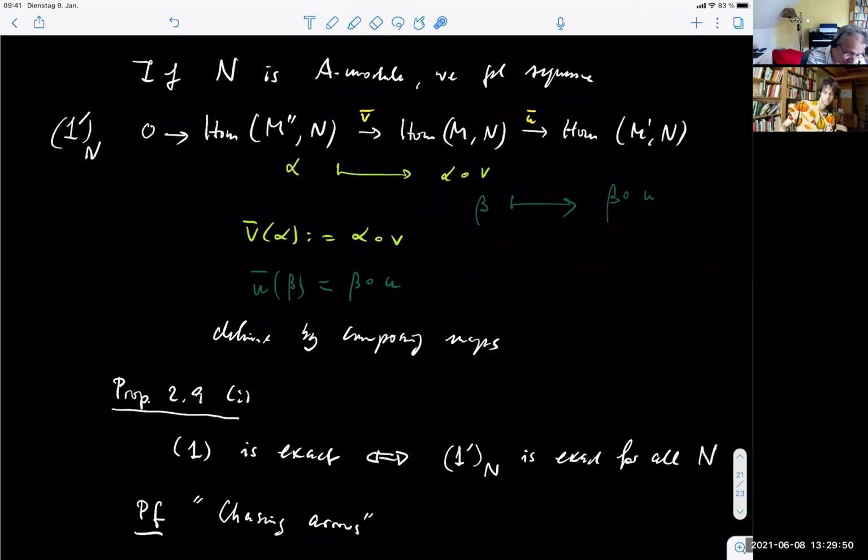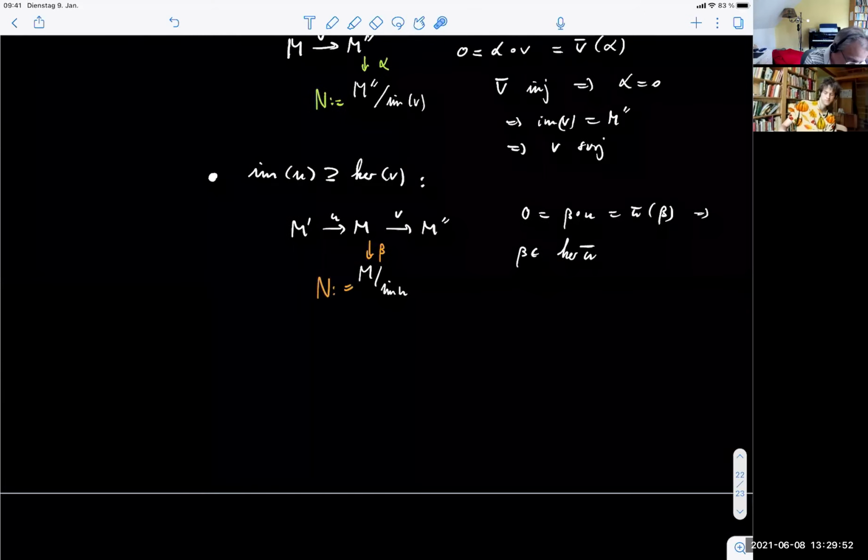This is my assumption. Okay, so let me write it. Assumption: kernel of U bar equals the image of V bar. Maybe I should put parentheses everywhere. I usually forget.